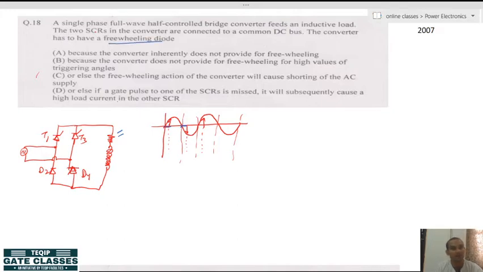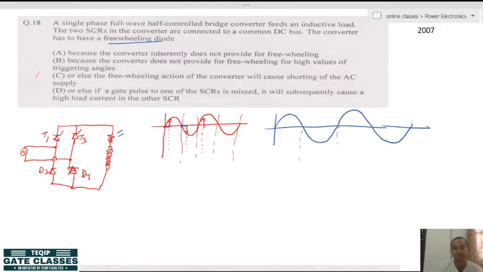But what happens if somehow you miss the gate pulse to one of the thyristors? Let's say the cycle was going like this, and this is the firing angle.